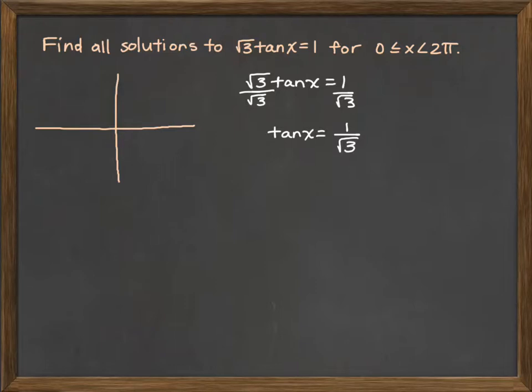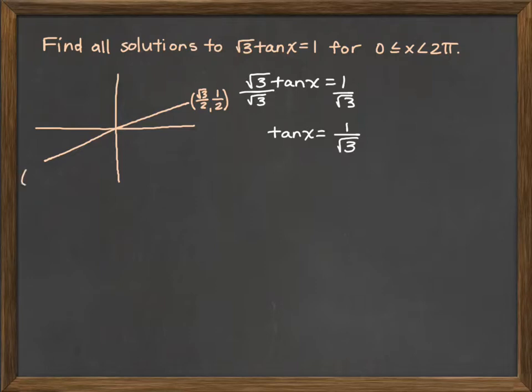So let's see. I think we want to go to pi over 6. Let's confirm that this assumption is correct. At pi over 6, our cosine is square root of 3 over 2, and our sine is 1/2. So if we do sine over cosine, we get 1/2 times 2 over root 3, so 1 over root 3. So that works. And then another angle that's going to work is 7 pi over 6.